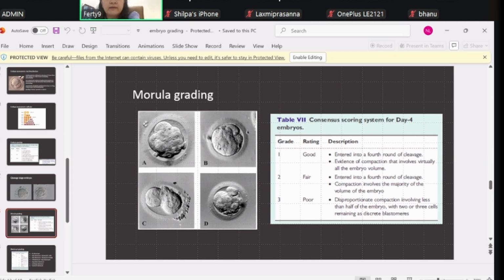The entire embryo volume comes closer together and a thick ball-like structure is formed. That is a good grade morula. Fair has entered the 4th round, but compaction involves only some of the blastomeres, while other cells do not participate in the compaction. You can see disproportionate kinds of embryos.